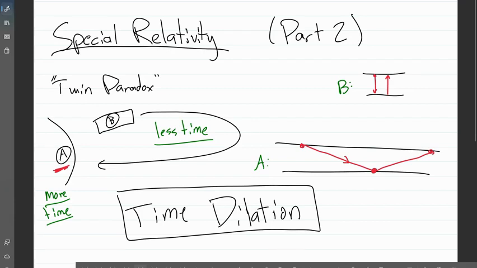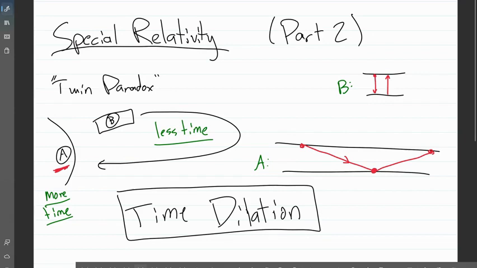So it appears as if time is moving slower for person B than for myself if I am person A. If I'm person B, I'm going to look at person A and think time is moving more quickly. So time changes, which is weird.